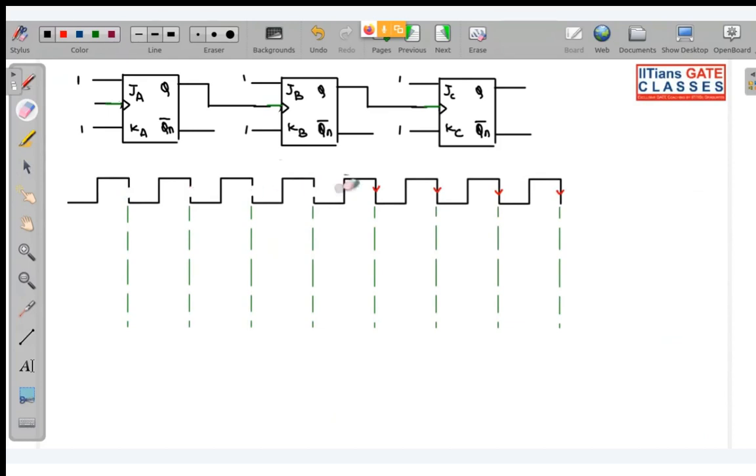So very quickly you draw the diagram till the time I also make changes over here. So very quickly draw the diagram.